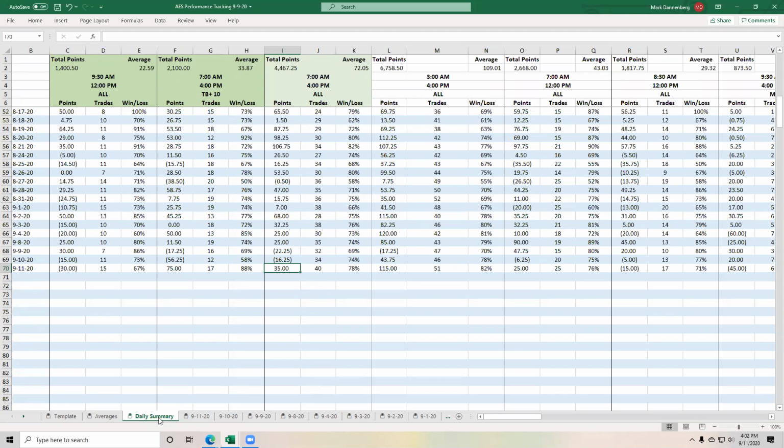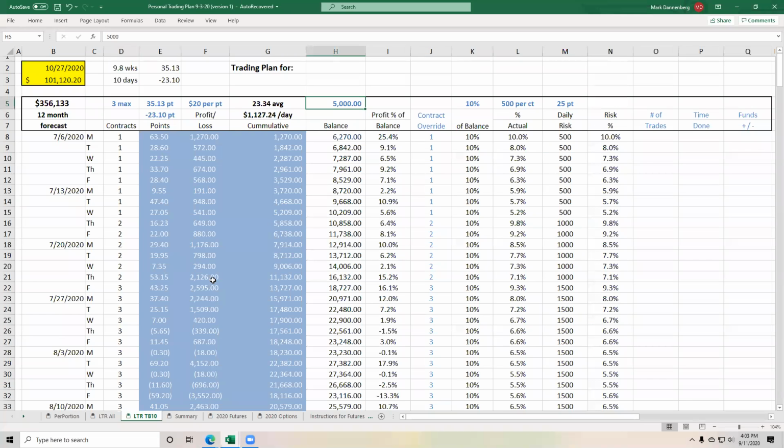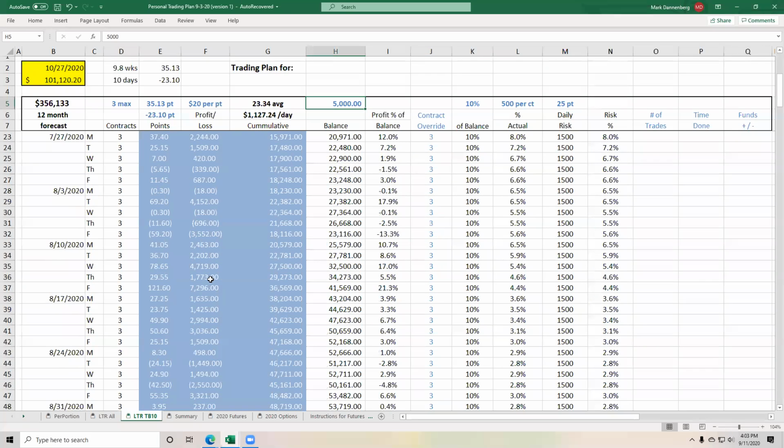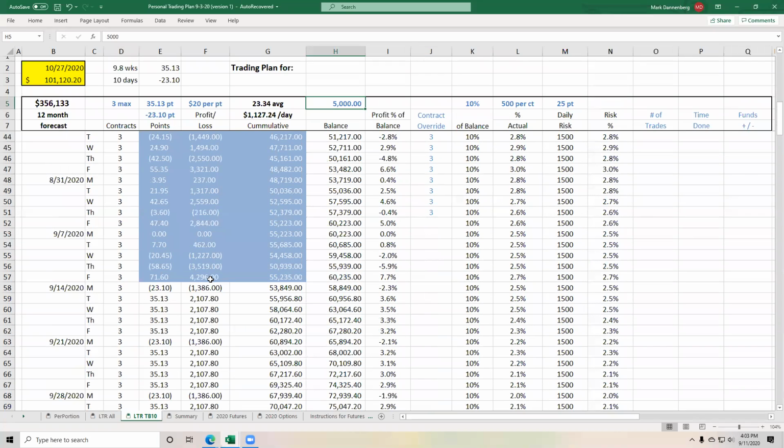And had they kept trading the rest of the day, they may likely have given back a good portion of that profit. At 10 o'clock this morning, a half hour into the regular market session, we had people in our community telling us they were done for the day, they'd met their goal for the day. Well, without a personal trading plan, which is what this tool is, you don't really know what your goal is.